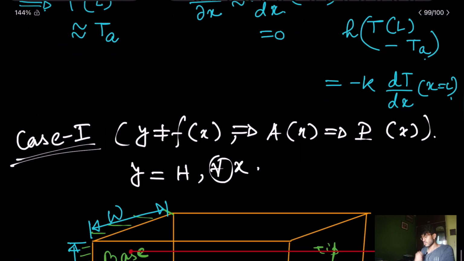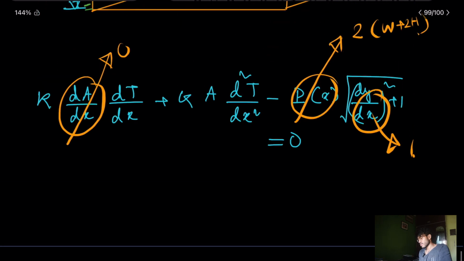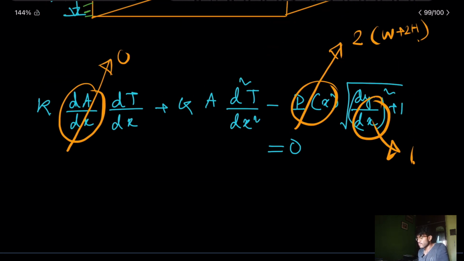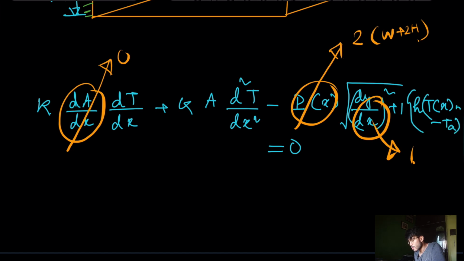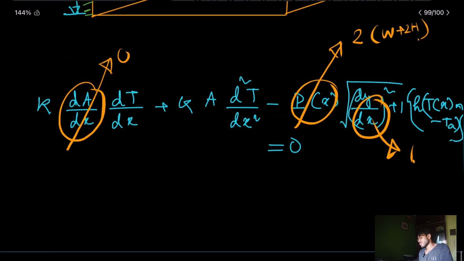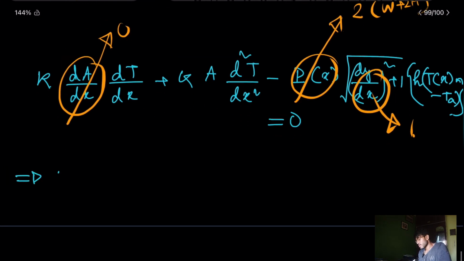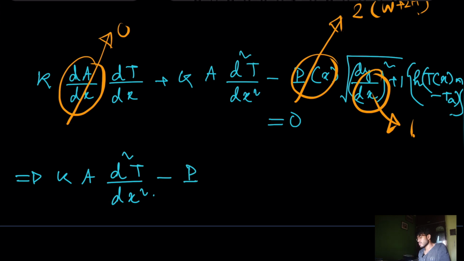Okay. So here you should have your H into T(x) minus T_a. So what will this become? This will become K A minus P, that is a constant, into H into T of x minus T of a is equal to 0.